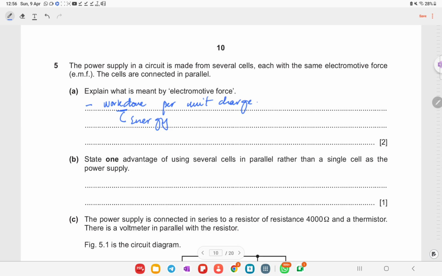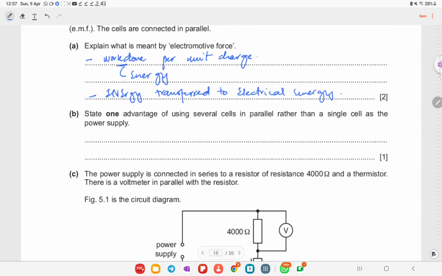Energy transferred to electrical energy. These are the two definitions of the EMF.